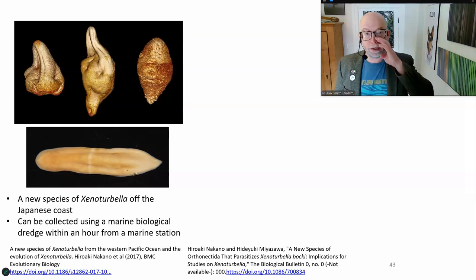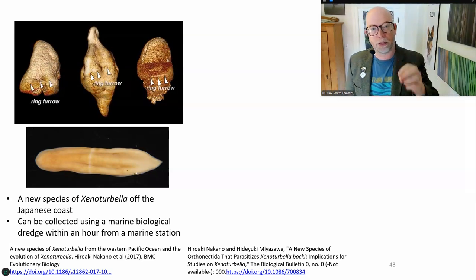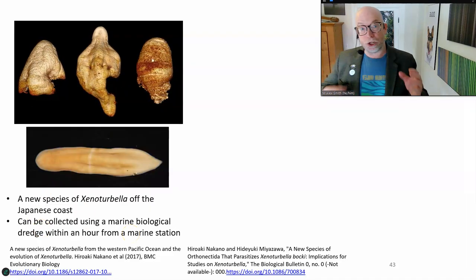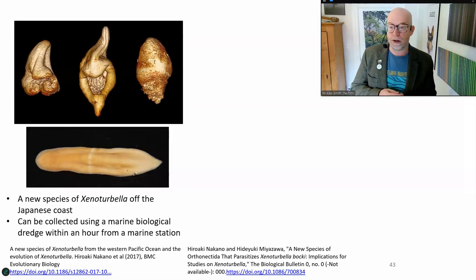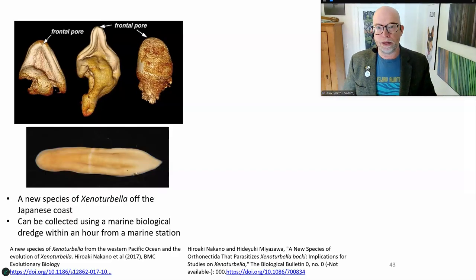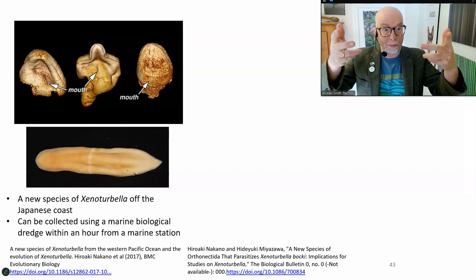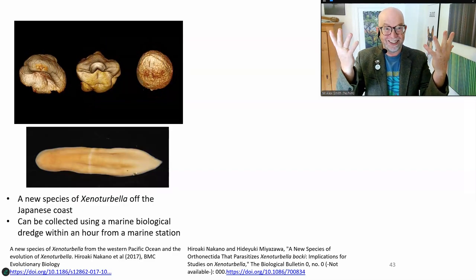And it can also be collected not so much with the ROV and the gentle slurp guns of the Monterey Bay station, but with a dredge. And it shares with it the happy accident that it tends to live nearby to a marine biological station, so we're likely to bump into it. And so I place that out there just for you to consider, what have we not bumped into because they don't live near to a marine station, right?